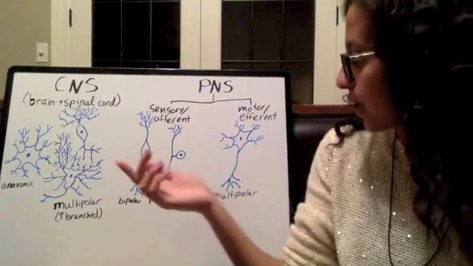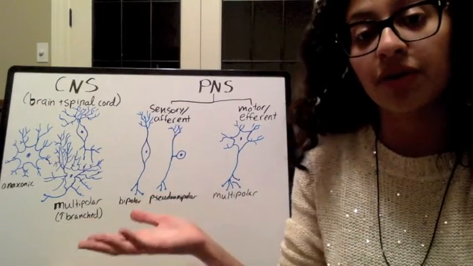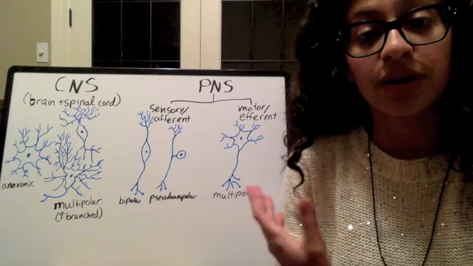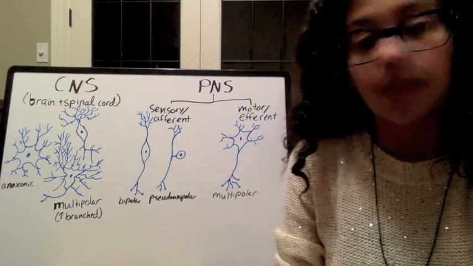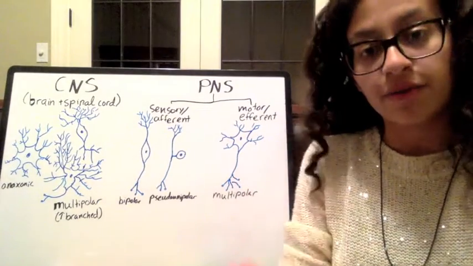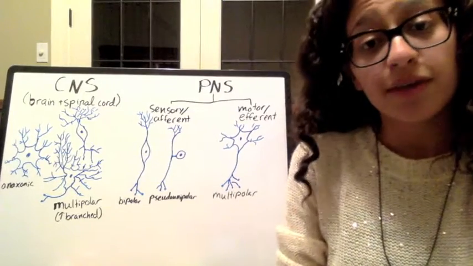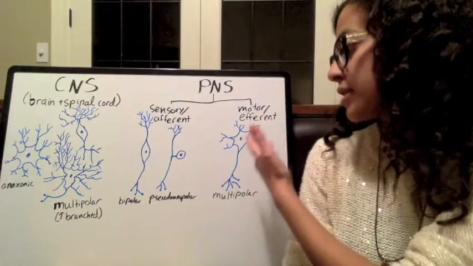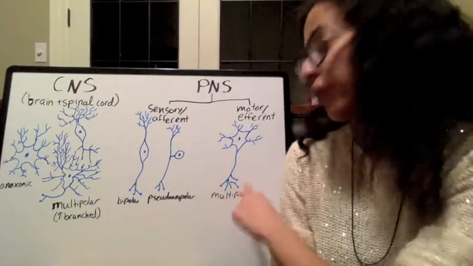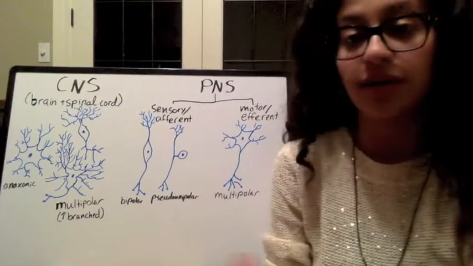But then if you look at the same type of neuron, multipolar, within the peripheral nervous system, specifically the motor or efferent branch, you'd find they're also multipolar, but they have much fewer branches. They also have much longer axons compared to those you'd find in the central nervous system.